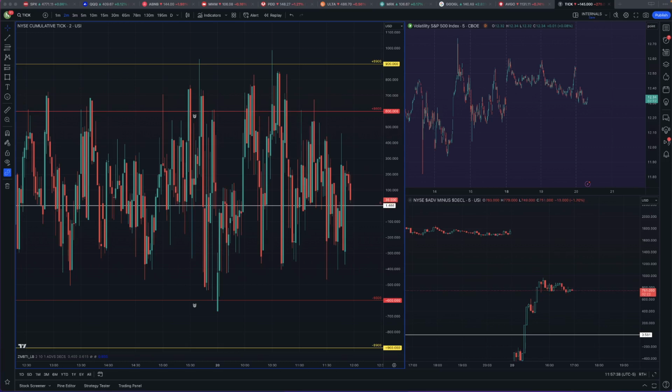This indicator will also help if you're getting into a long position, right? You're trying to bounce a long position off of a support level, and ticks are hanging around down here. You're probably not going to get the bounce that you want, right?